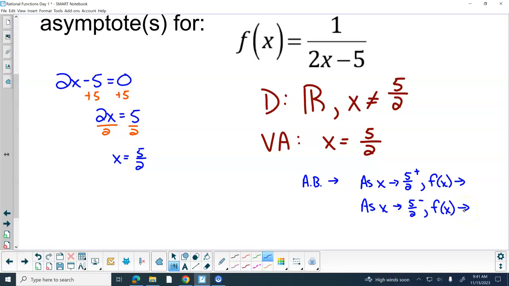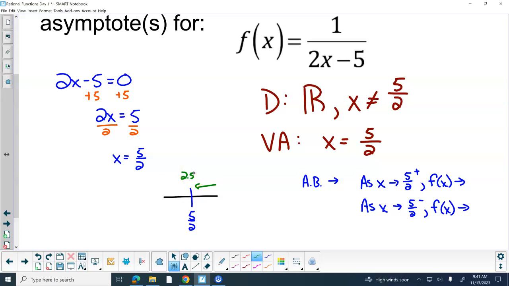Right? Or I should say correct. Okay? So I'm looking at five halves, approaching it from the right. So what's that? 2.5? 2.5 is 5/2. Okay? So give me a number super duper close to 2.5, but on the right side.